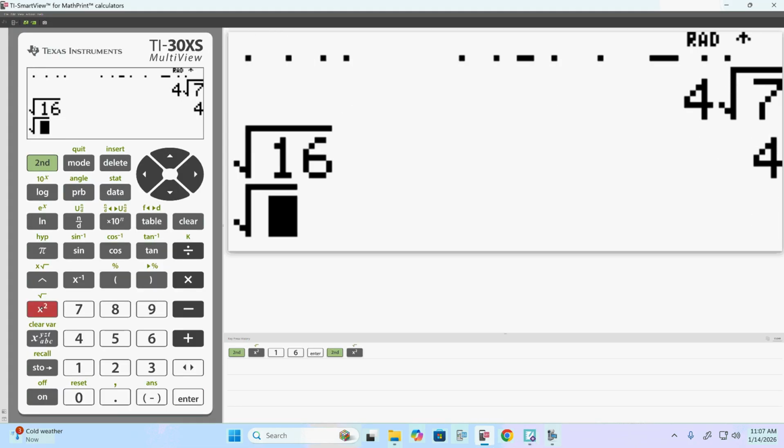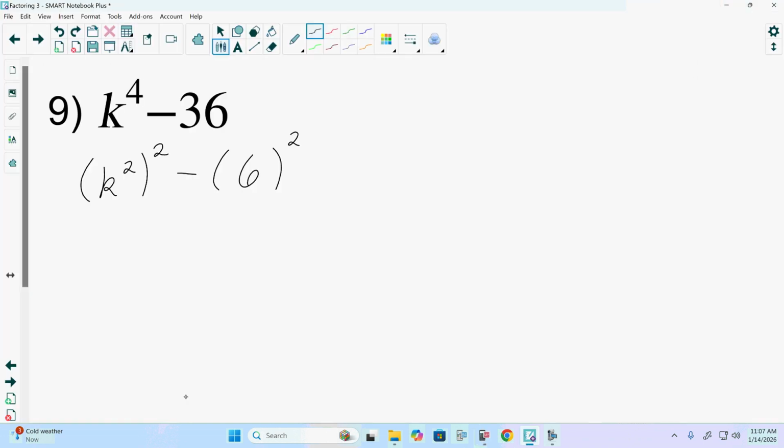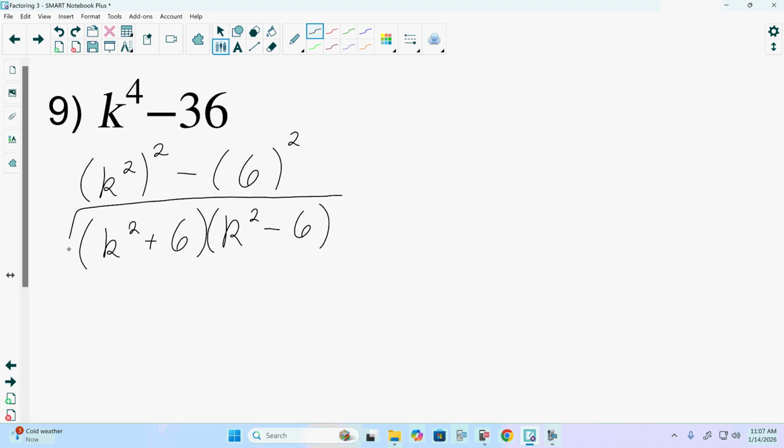Because we can take the square root of 36, and it is 6. So that tells us that this is k squared plus 6 times k squared minus 6.